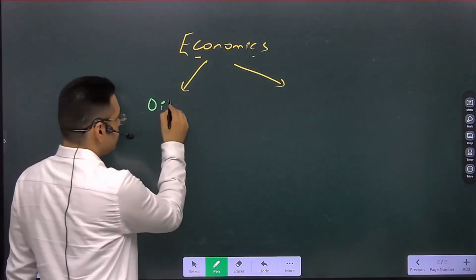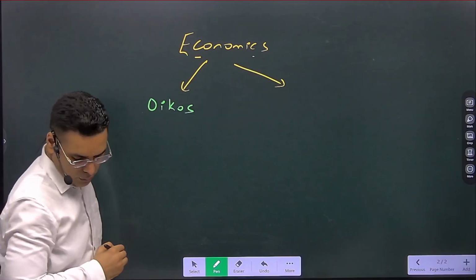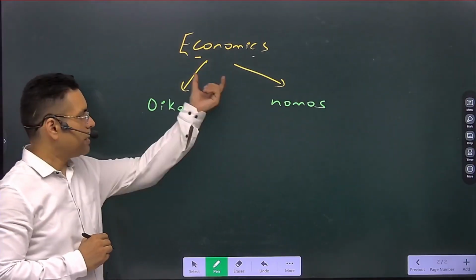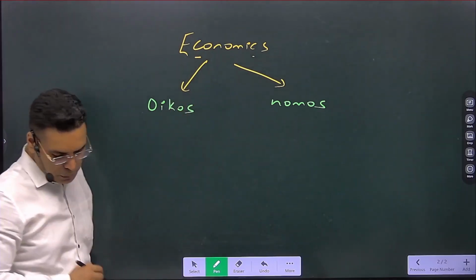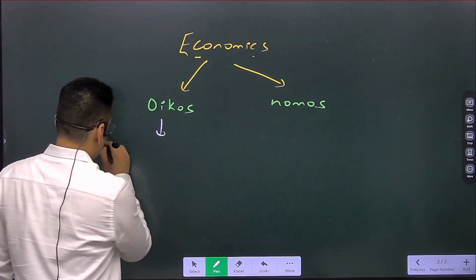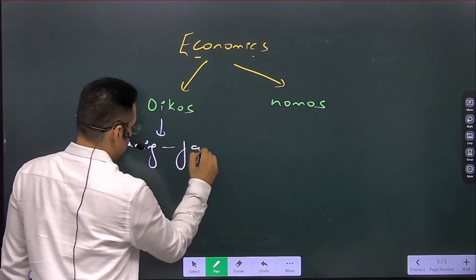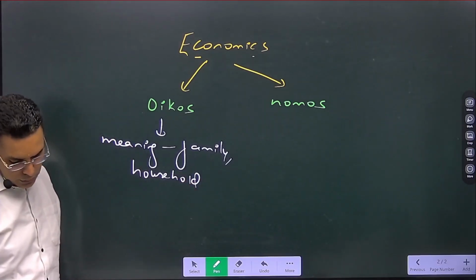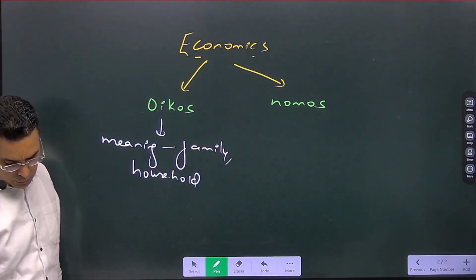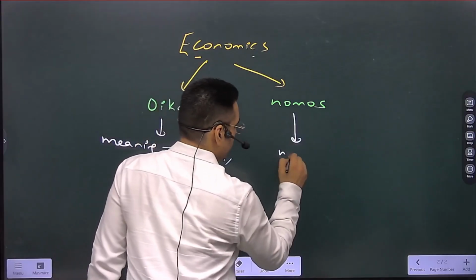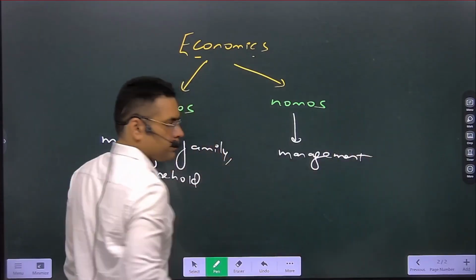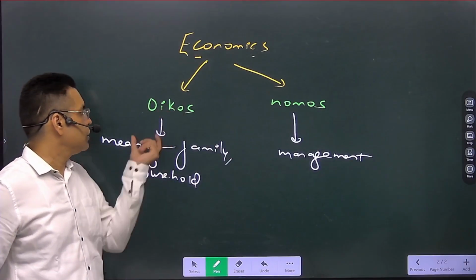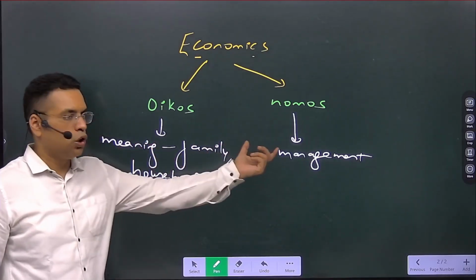Write it like this: economics, oikos meaning family or household, and nomos meaning management. So oikos, its meaning is family, household, and nomos is management.